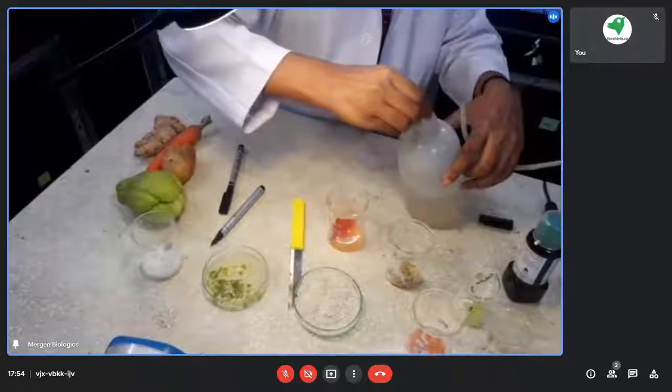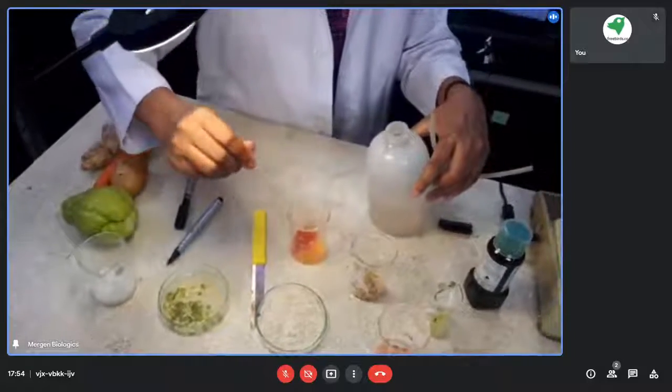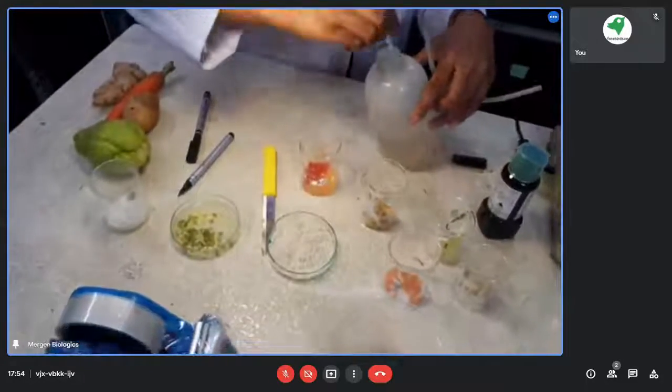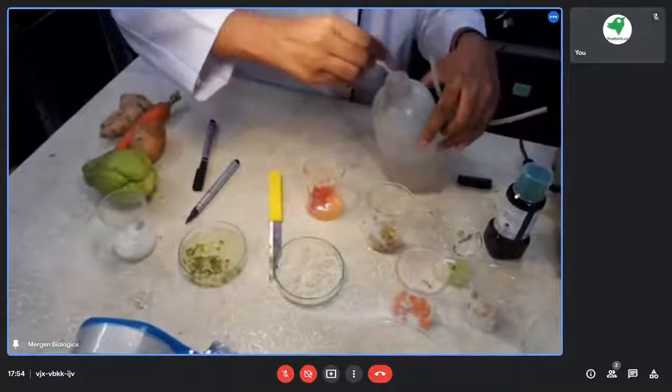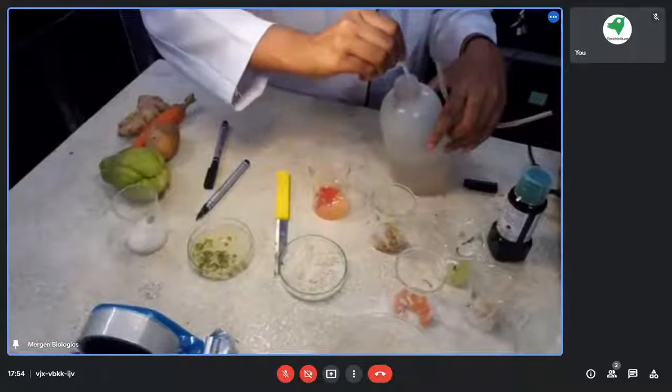As you have seen, I have already put 1 dropper of water in the chili beaker. So now I will put just 2 droppers so that it will be equal to the other beakers.